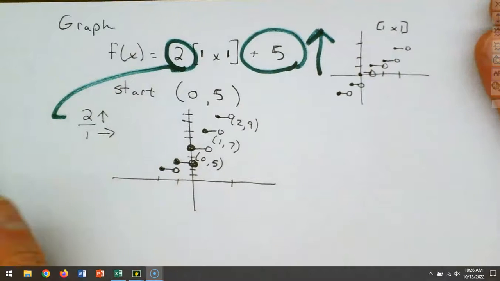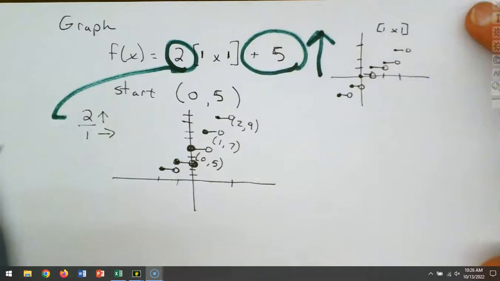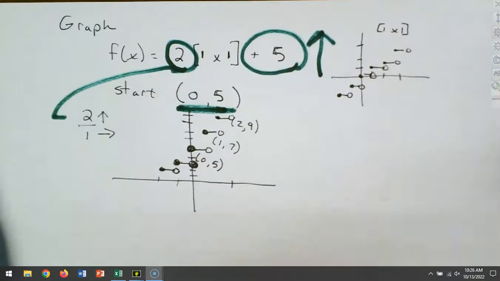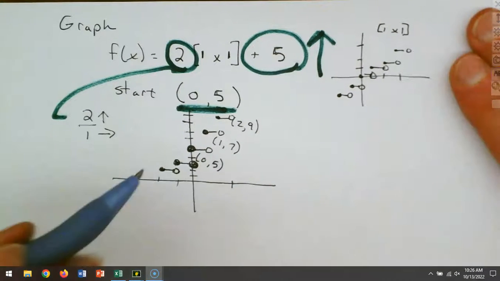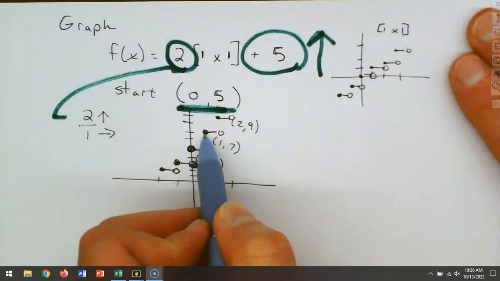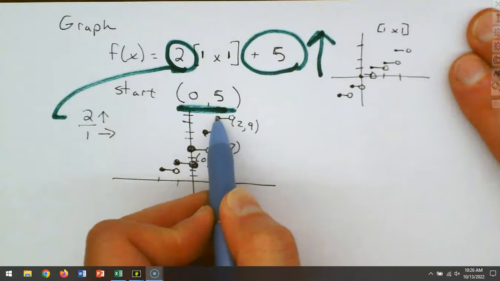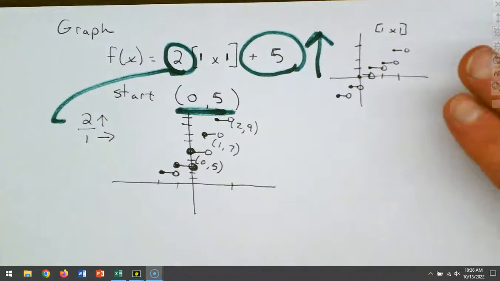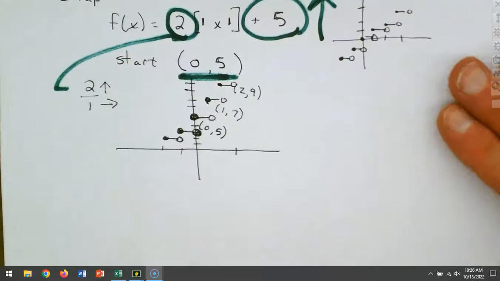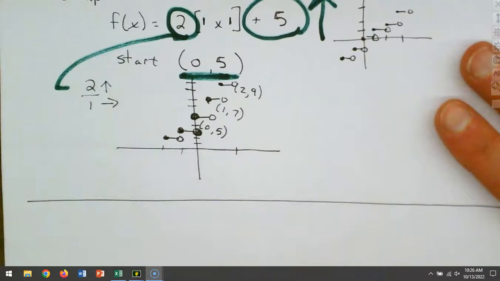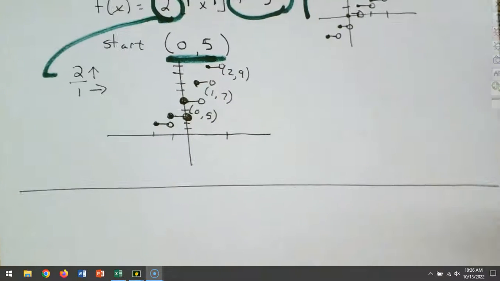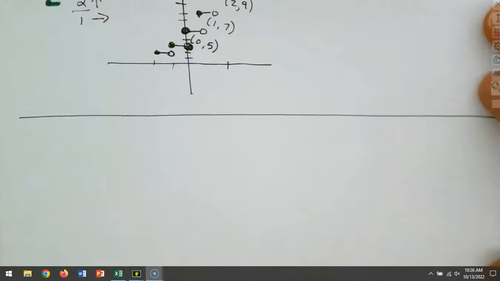The part I'm really concerned about is make sure you start at 0, 5. That's the most important part, that you started up 5 units. Okay, and make sure it starts with a closed circle. And you go up 2 over 1, up 2 over 1, make your closed circles. Let's do another one of these. I saved these for last because I think they're the trickiest ones.